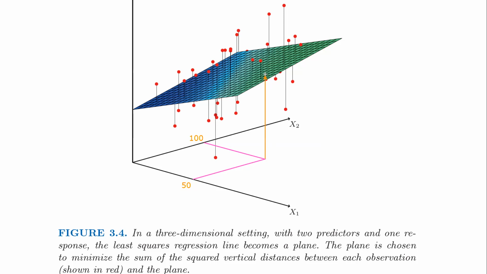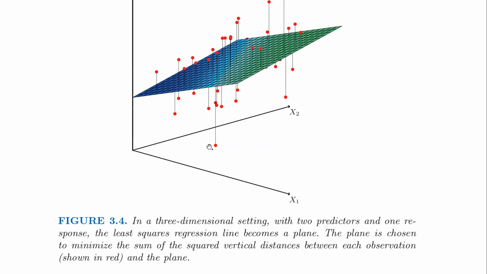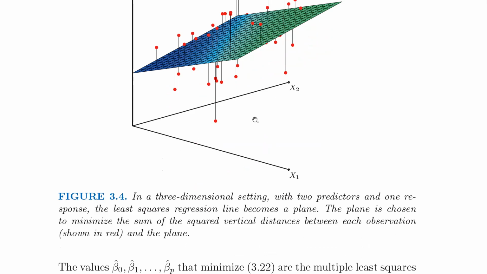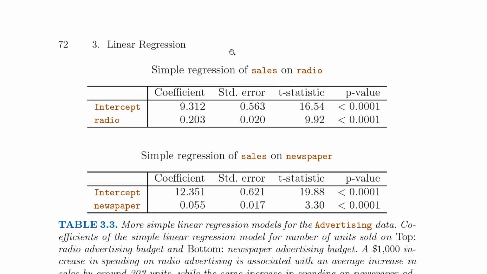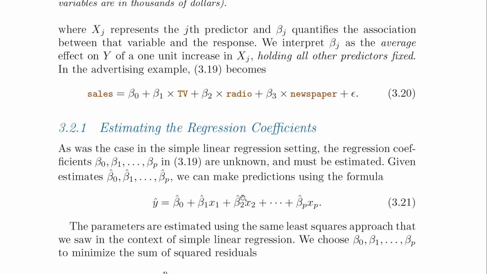It's just going to be the height of this orange arrow. Of course, you only have a plane if it's 2 predictor variables. Very often we're going to have more than that.